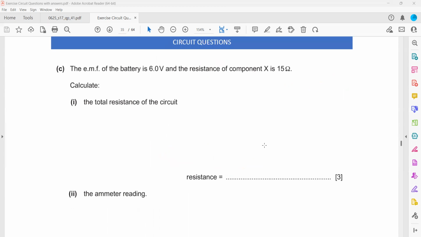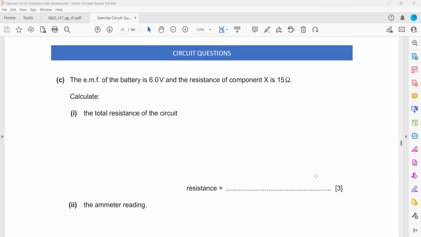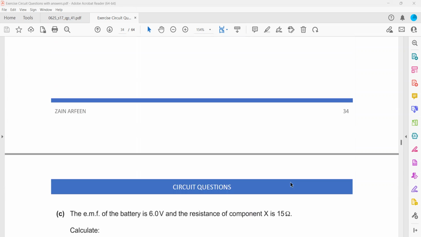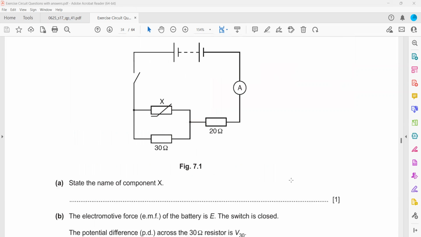Then the EMF of the battery is 6 and the resistance of component X is 15. Calculate the total resistance of the circuit. If you want to calculate the total resistance of a circuit, this is 15, this is 15, this is 30. First, these two are in parallel. So how do we work out the combined resistance? It will be product divided by sum.